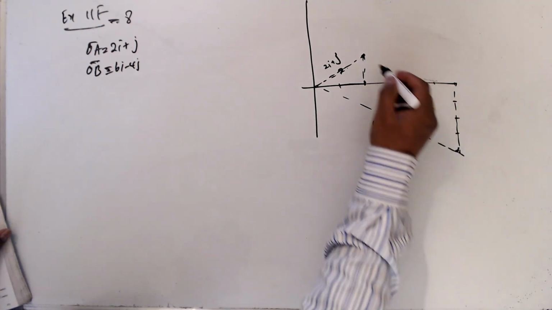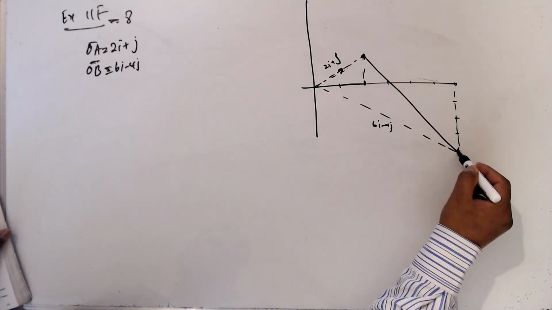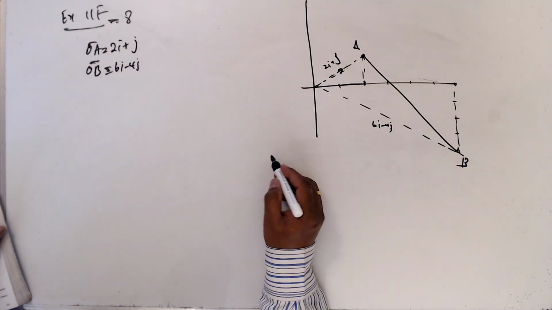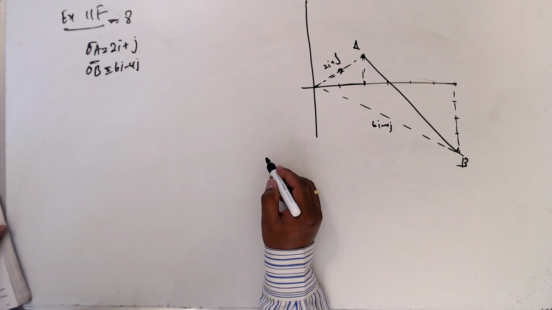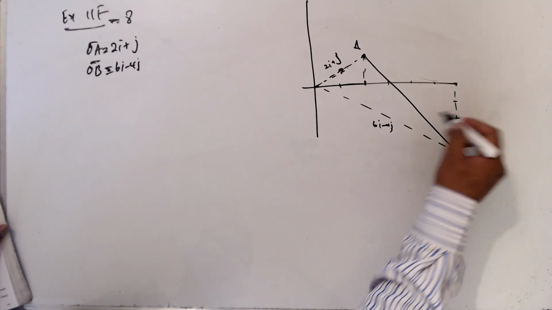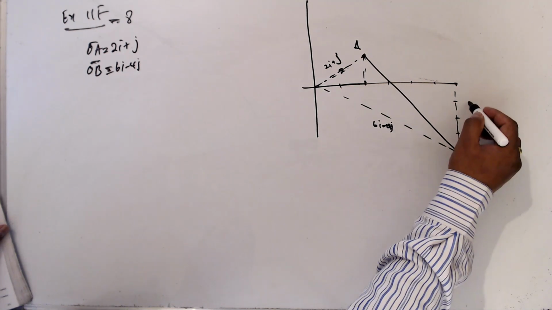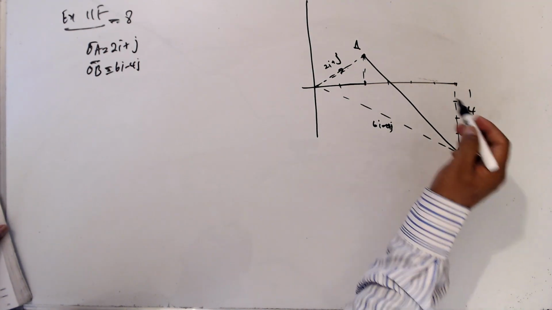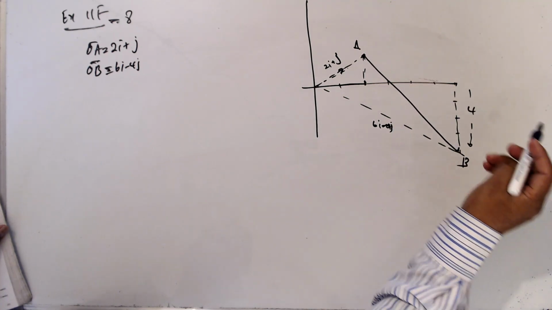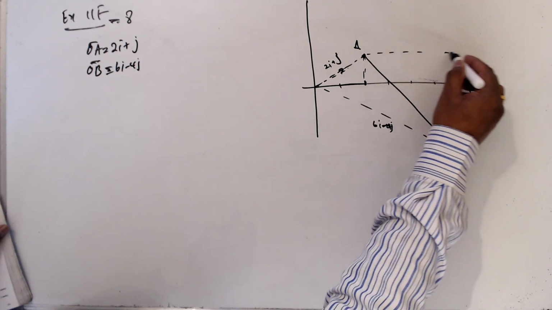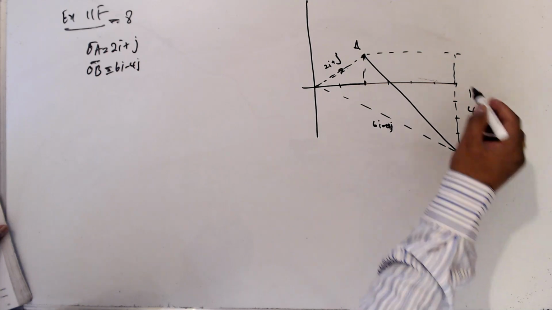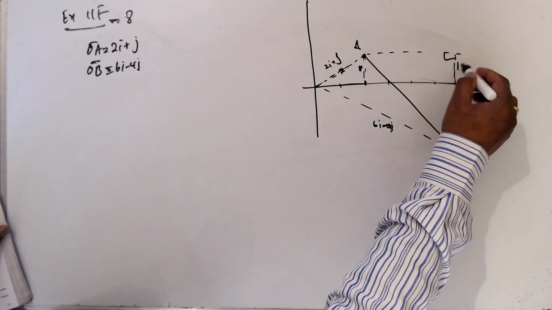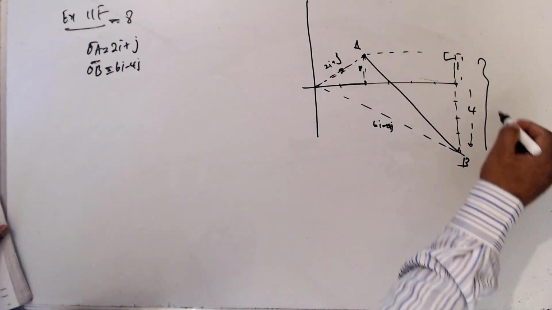Now we need to find the distance between A and B. So this distance is 4. Complete the right angle triangle. This height is 1, then this height is 4, so total height is 5.